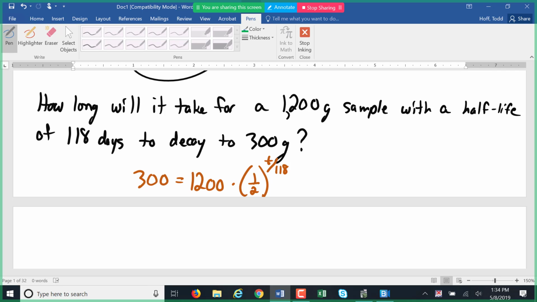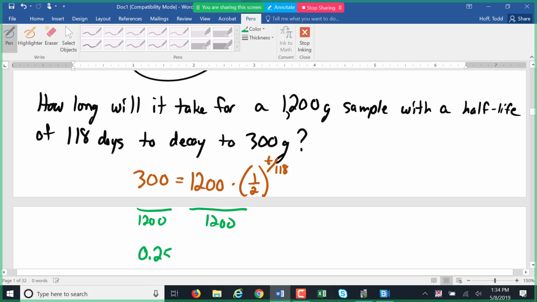So if you write out our formula, 300 is the final amount, equals our initial amount of 1,200 times 1/2 to the power of t over 118. What's our first step? Divide by 1,200.